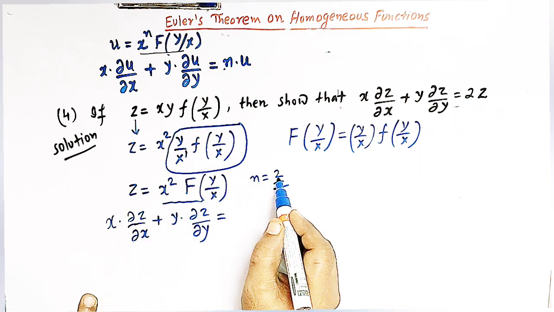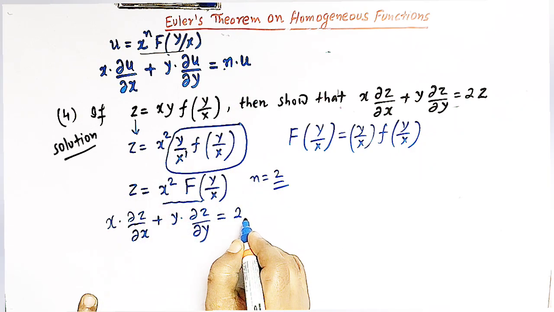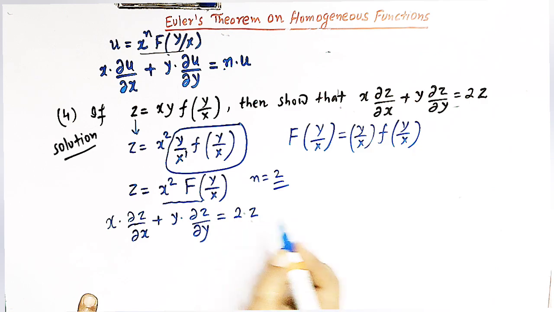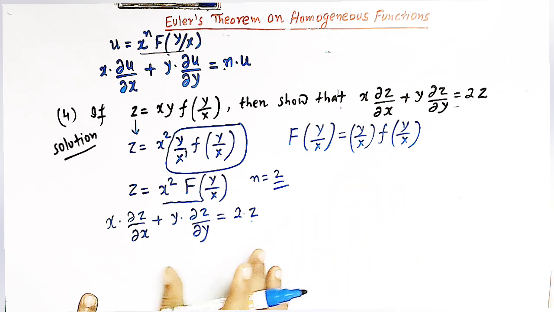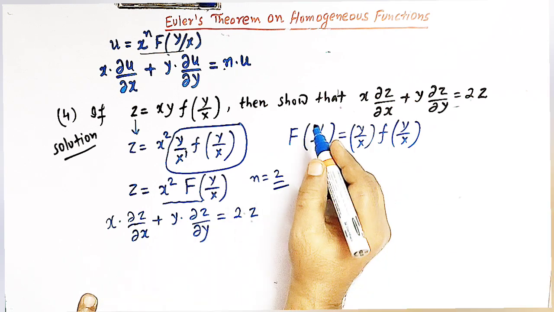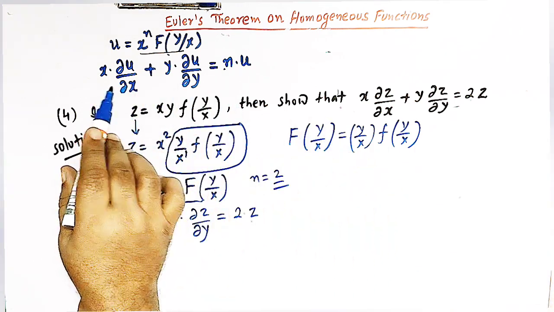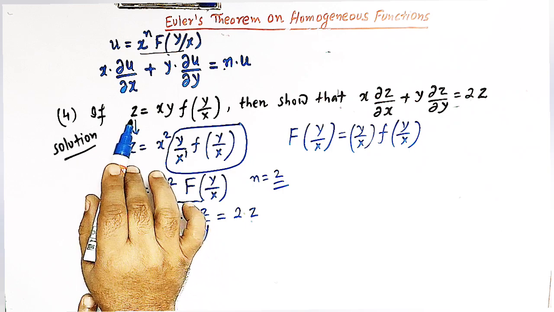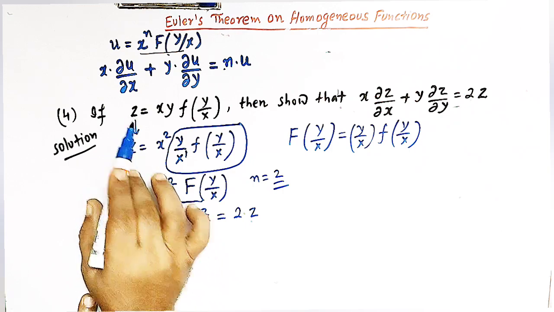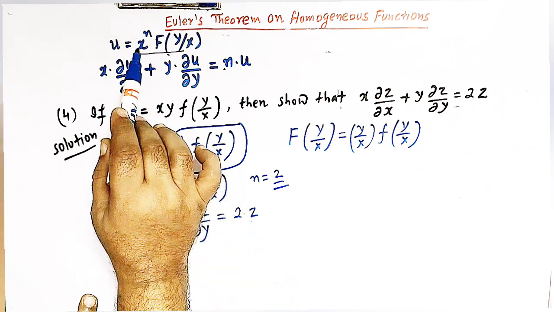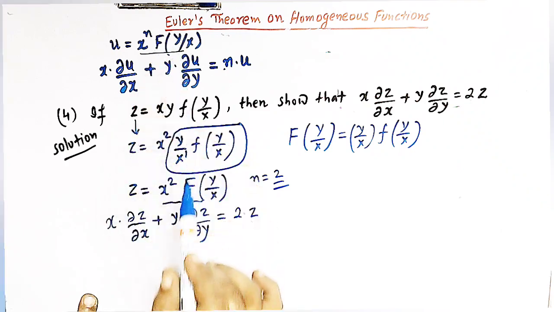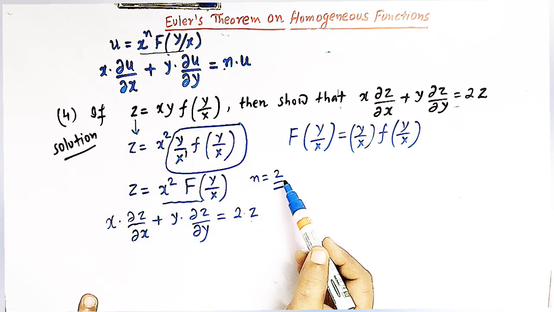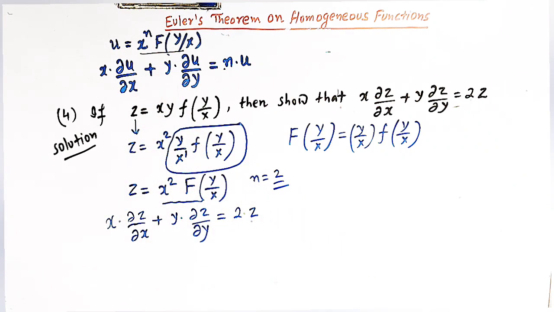And the value of n is 2, so we can now write 2 times z, and this is our desired result, right? So this result straight away follows from Euler's theorem by expressing this function z in the form that is x raised to n f of y over x, where the value of n is 2.